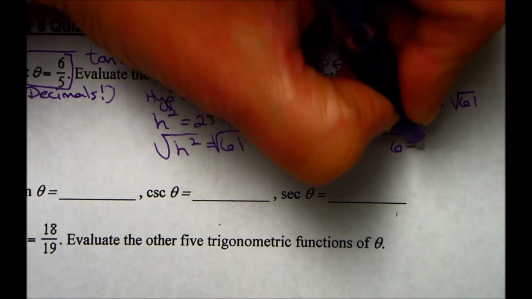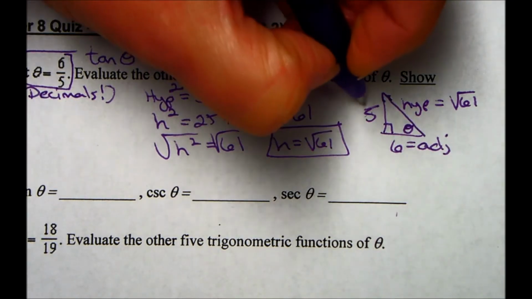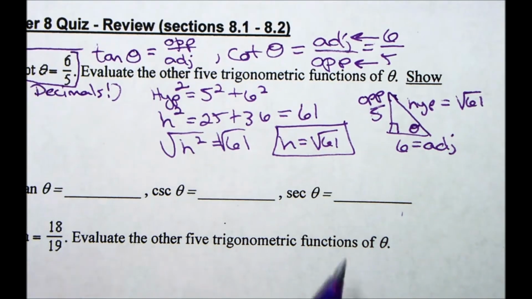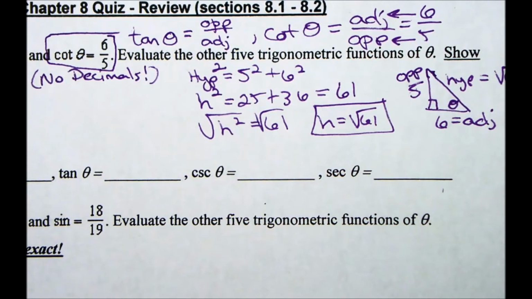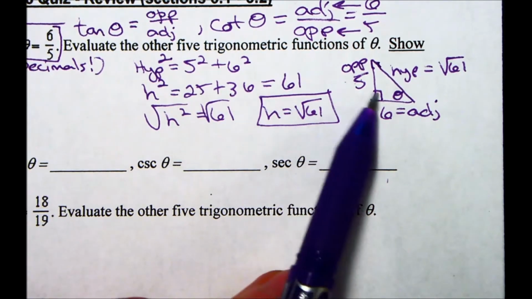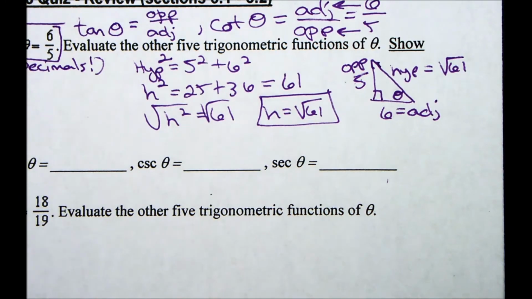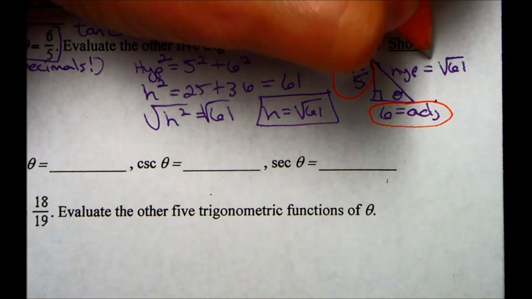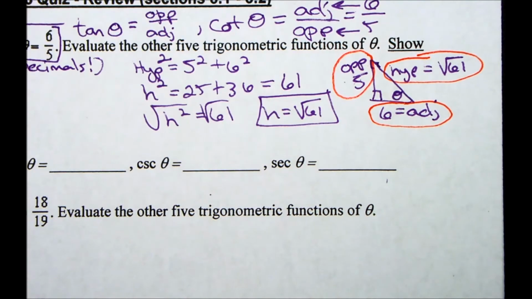And then the 6 is our adjacent and the 5 is our opposite. So now it's just a matter of filling in these blanks with the rest of the picture. So we need to know those pieces of information. We're going to use 5 for our opposite, 6 for our adjacent, and the square root of 61 for the hypotenuse.